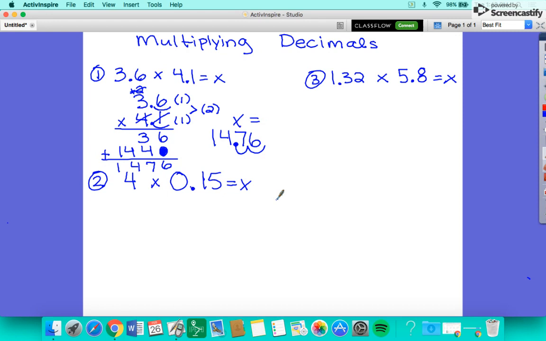For my second problem, I have 4 times 1500ths. Now, the students know, we've talked about the commutative property several times, so they know that with multiplication, we can switch this order. It works for multiplication as well as addition. Even if we were to write the 4 on top, this is how it would appear.